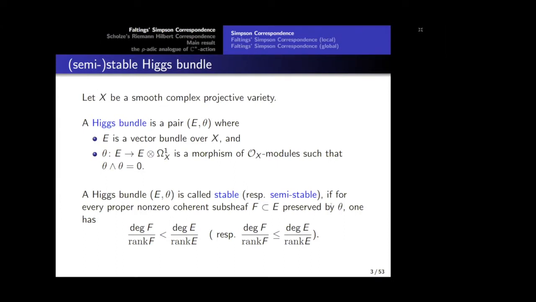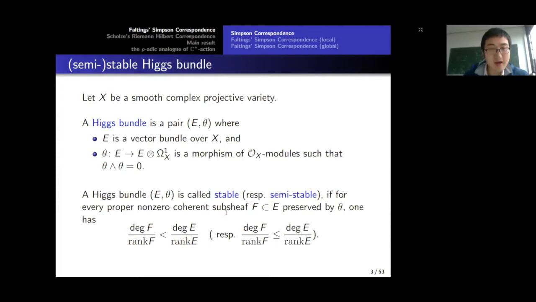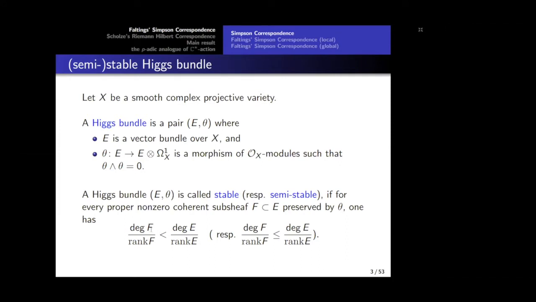That definition is wrong if your variety has dimension greater than 1. We need to choose a very ample line bundle to define this. No, that's not what I meant.